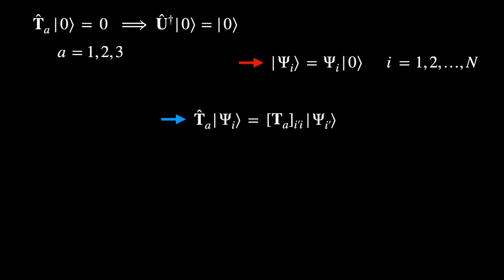This is how the generator operators act on the basis states within a symmetry multiplet. They are simply multiplied by the matrix representation of the corresponding generator. We can apply this result to any state in the multiplet.